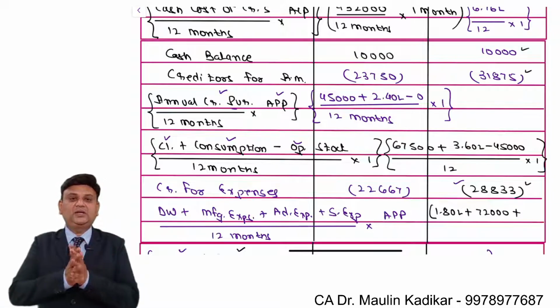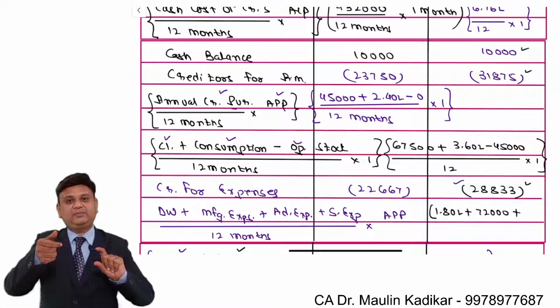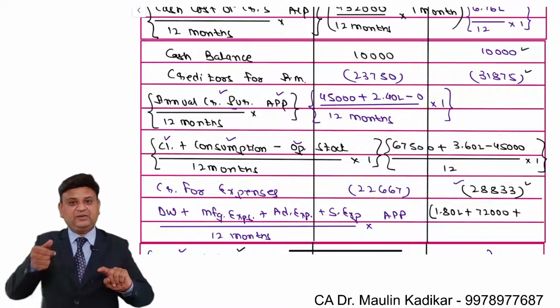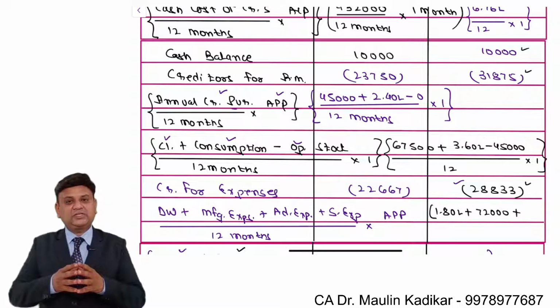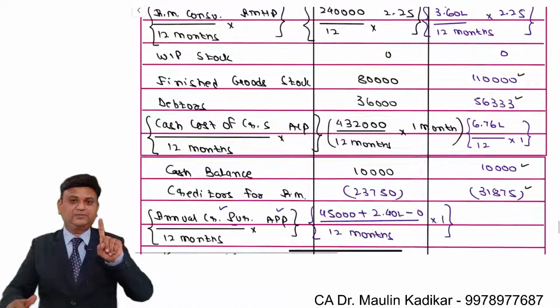Creditors for raw material, in which we are supposed to compute the purchase, divided by 12 into average payment period. Purchase is calculated as closing plus consumption minus opening, divided by 12 into 1. Now what is closing for the first year? We already have found it, 45,000.